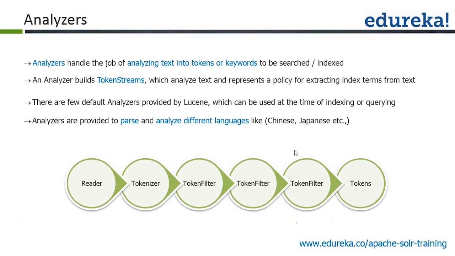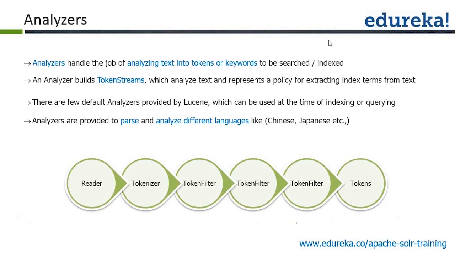The first step in the analyzer is the tokenization process. Once the analyzer picks it up, it has to do some tokenization. Tokenization is nothing but splitting the stream of words into words or tokens. That is the process called tokenization.